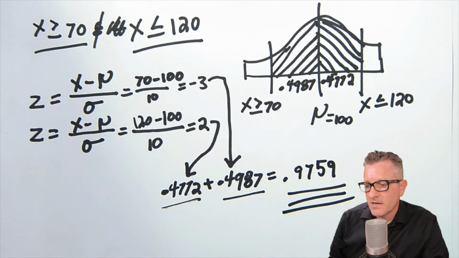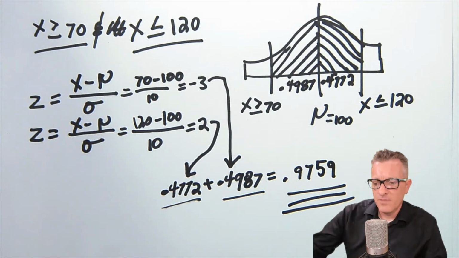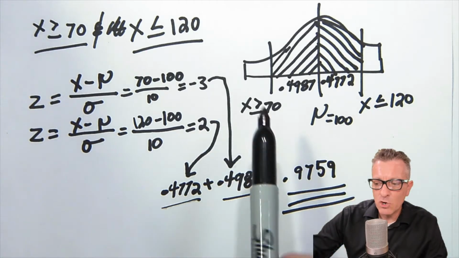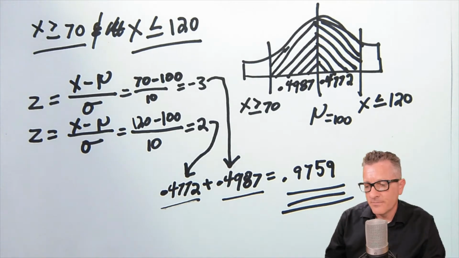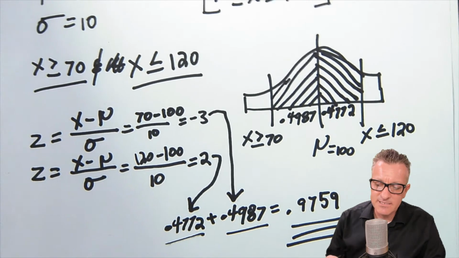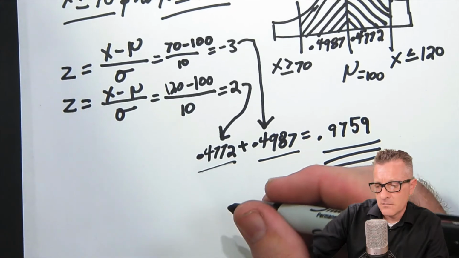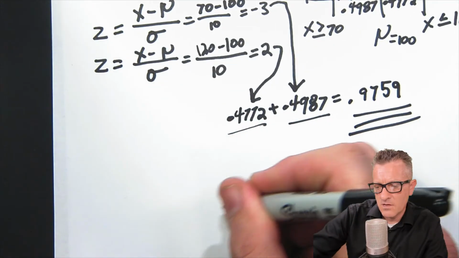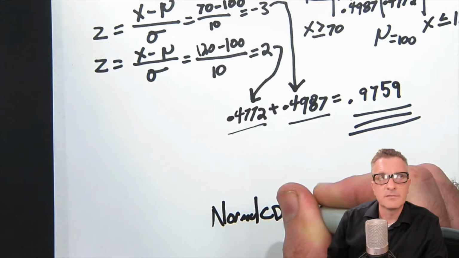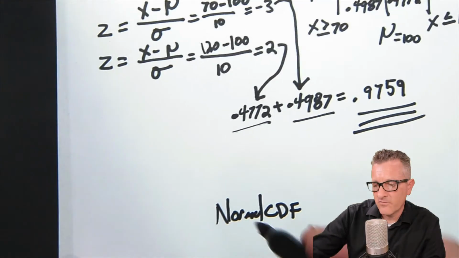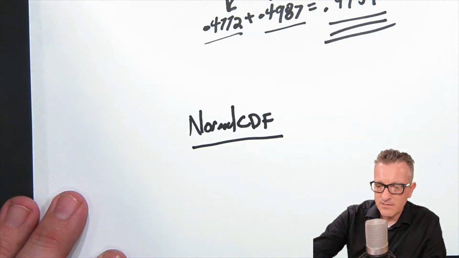And that's our answer. Now, if you do this on the calculator, you want your low end, the floor, which is 70, and your high end, which is 120. You would do second, dist, and then normalcdf. This is for the TI-83/84 calculator.